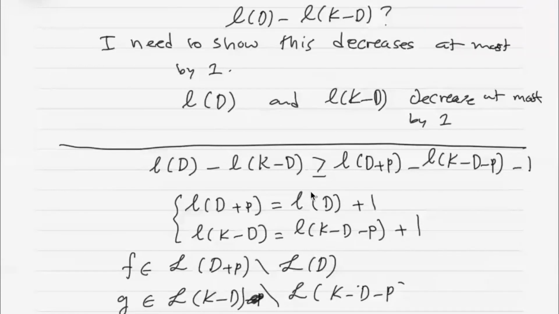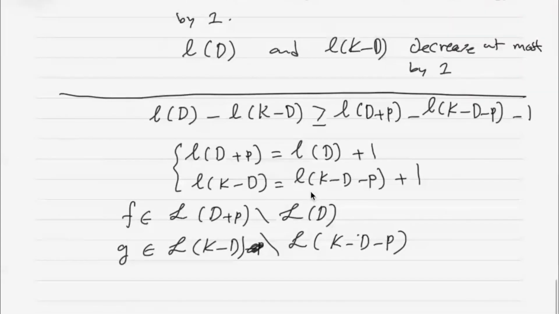And now what happens if you multiply these two functions? You get a function fg, which belongs to L of k plus p, and it's not in L of k.